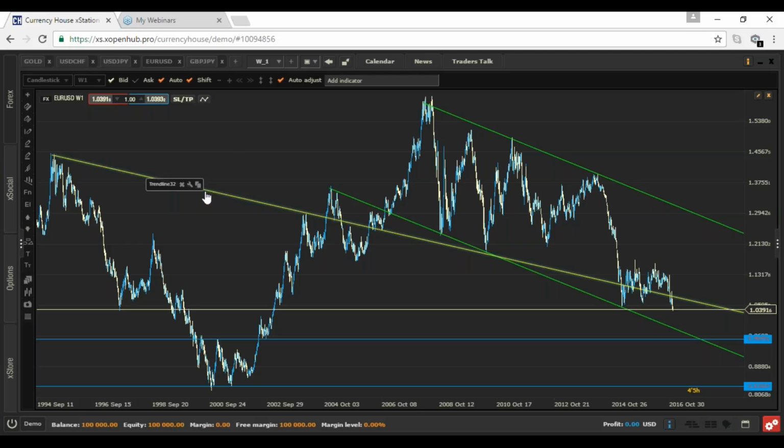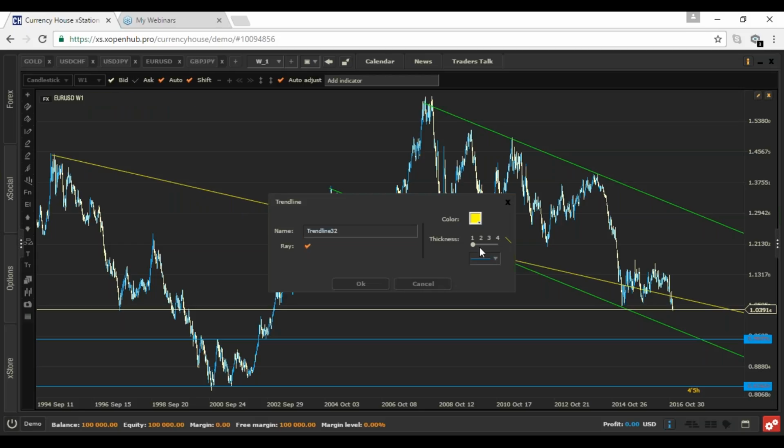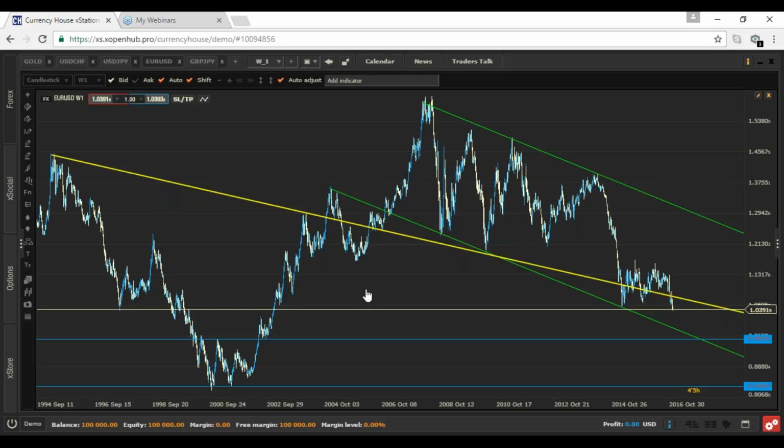So again, the ECB, the European Central Bank, is not going to increase the rates, and the situation is very likely like with the other major currencies.